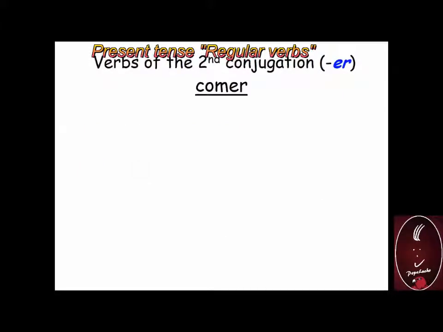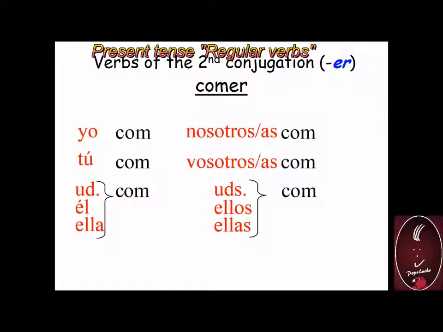Let's see another example. Comer. Drop the ending. What is left is the stem. Subject pronouns and the corresponding ending to know who is doing the action of the verb. That is a conjugation of the verb.